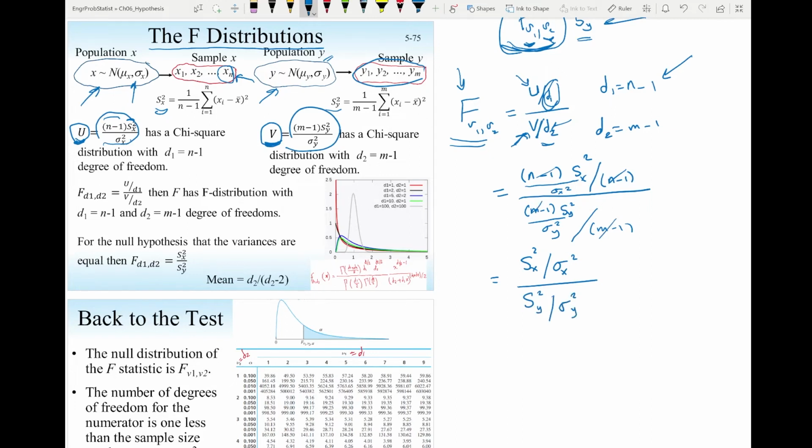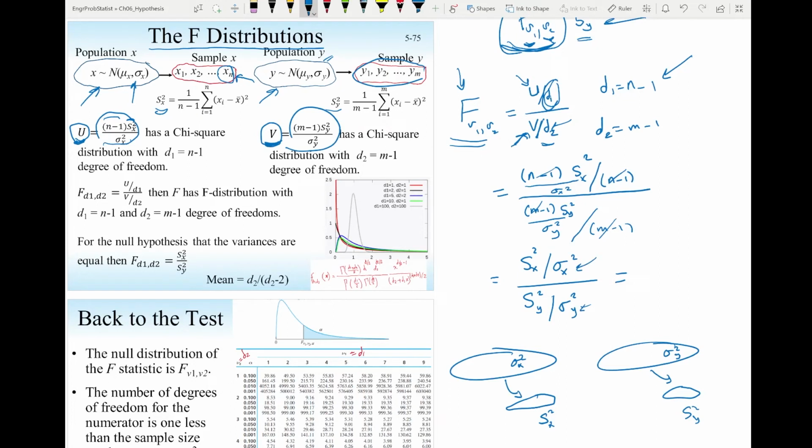For our purpose, for the null hypothesis, we will be comparing these two populations, the variance of x and the variance of y, and we will take a sample and calculate the variance of this sample and the variance of this sample. Since our null hypothesis is that the variance of x is equal or larger, or equal or less, or equal to the variance of y, for the null hypothesis test only, sigma x squared and sigma y squared will be the same.